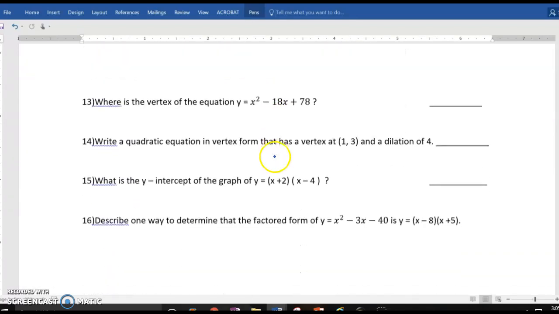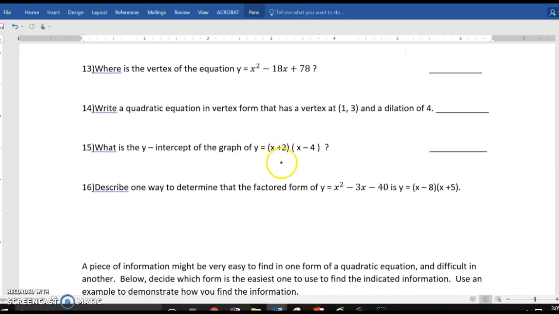Okay? Now here, to find the vertex of a function, there's many different ways you can do it, right? So most of us will go ahead and complete the square. So x squared minus 18x. I'm going to add something, then that plus 78, and then I'm going to subtract that same amount.